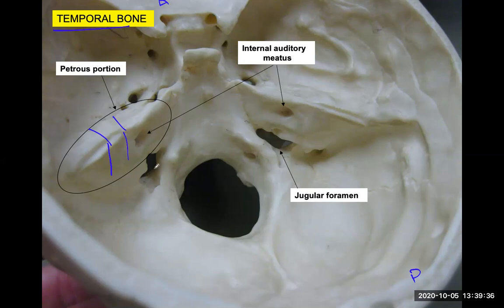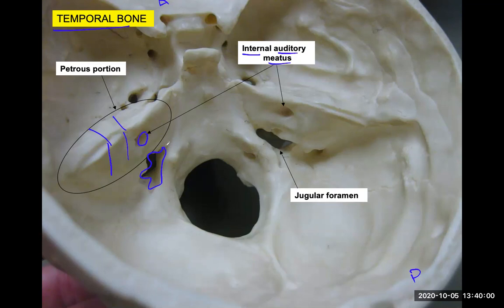There are two very visible holes, a smaller one and a larger, more irregularly shaped one. The smaller one is the continuation of your ear canal that is opening inside your skull, and as the name implies, the internal auditory meatus. So it's the continuation of the external auditory meatus.